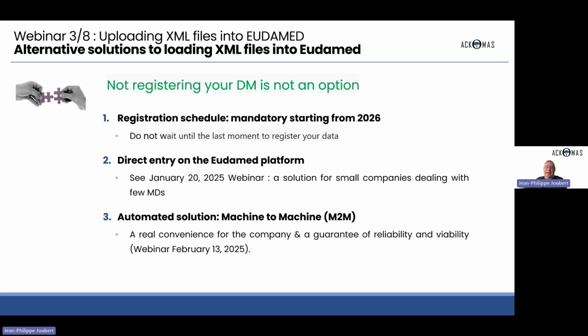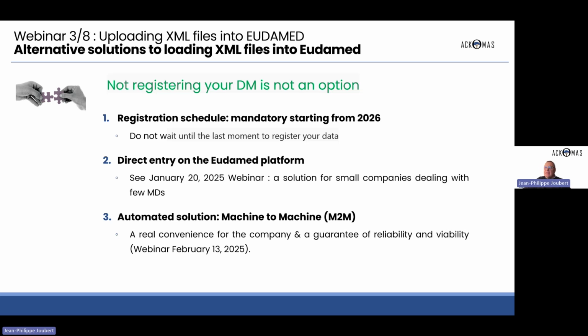There are two alternative solutions. A manual solution involving direct data entry into EUDAMED, as we discussed in the last webinar. And this solution should be considered with caution under specific conditions. And the automated or machine-to-machine solution, which offers real ease for the company, and most importantly, guarantees reliability and viability.